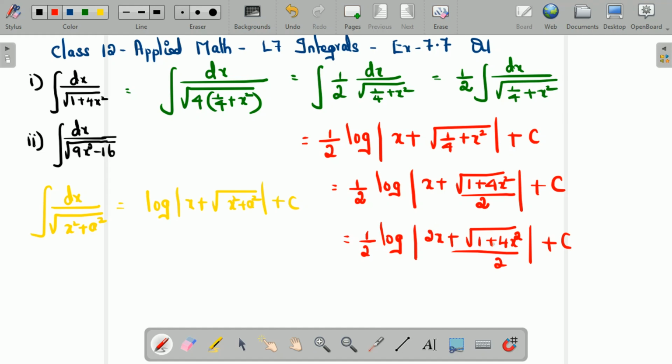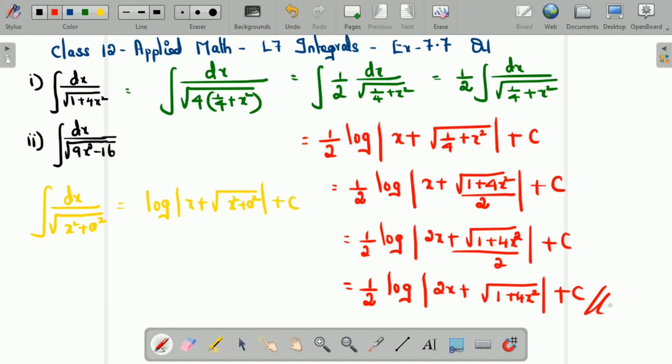So I can split this as half log this whole expression minus half log 2 plus c. Either way, half log 2 is going to be a constant, so I can merge it with c. So in the next step, I'm simply removing the denominator. So the final answer will be half log 2x plus root of 1 plus 4x squared plus c.